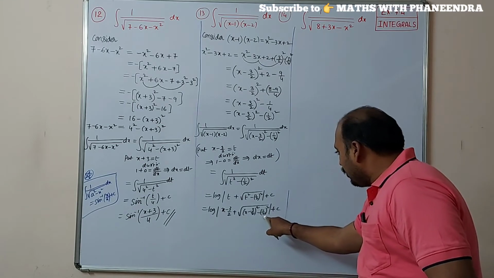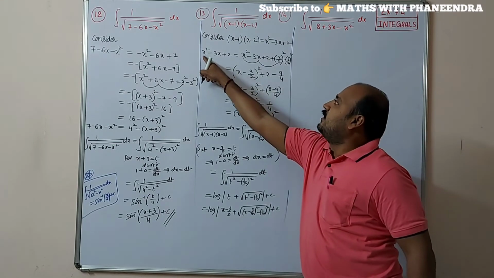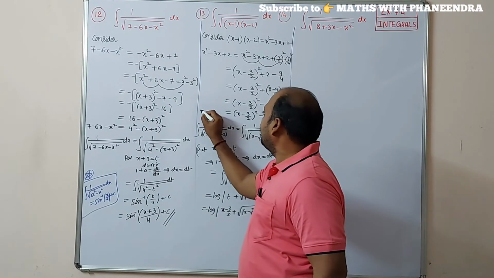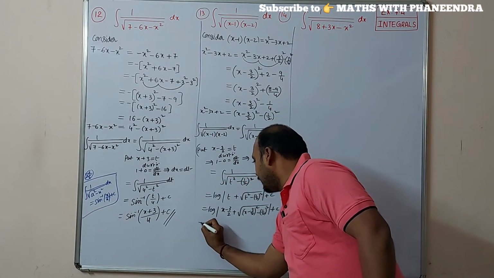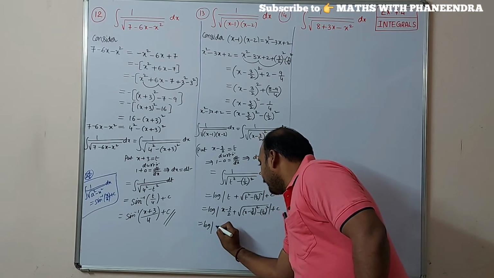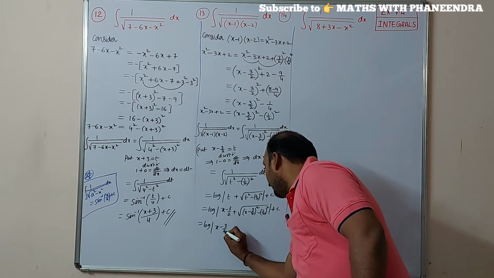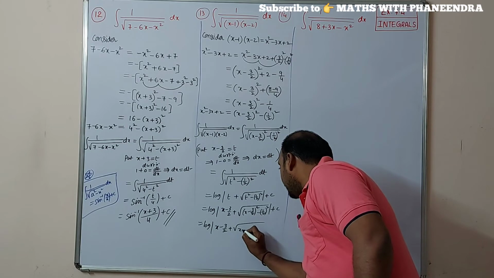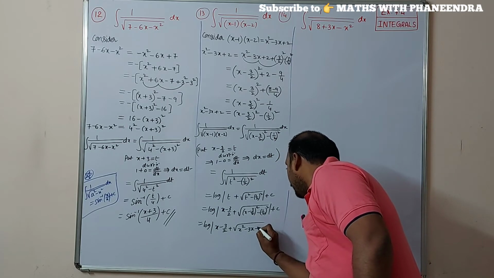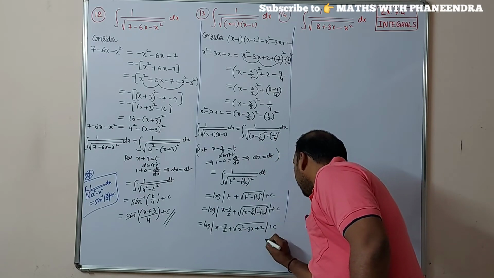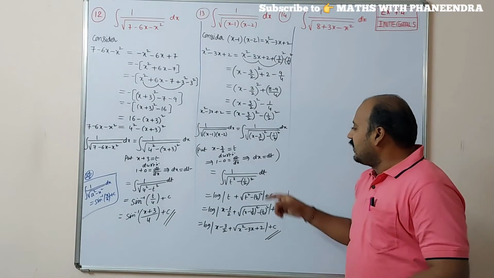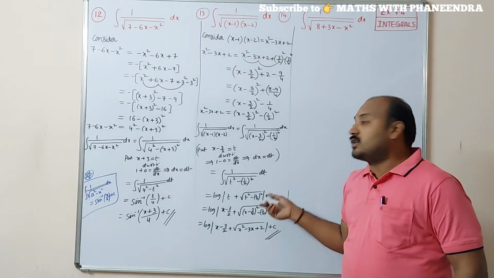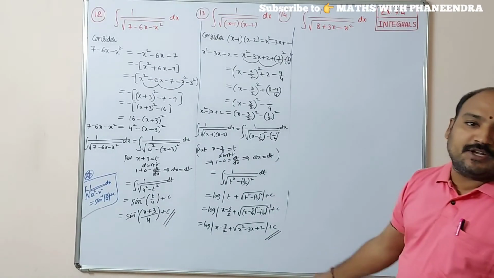But (x minus 3 by 2) whole square minus (1 by 2) whole square is equal to x square minus 3x plus 2 only. So in place of that, log mod x minus 3 by 2 plus square root of x square minus 3x plus 2 plus c. So this is the way we can get the answer. Otherwise, here we can also write it as cos h inverse t.